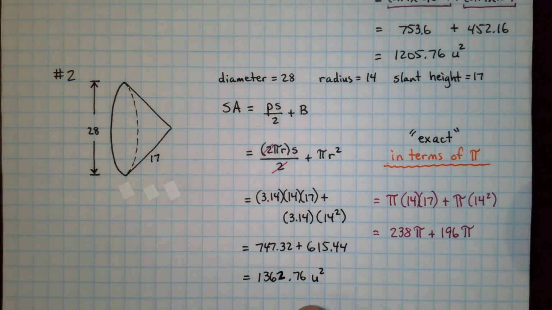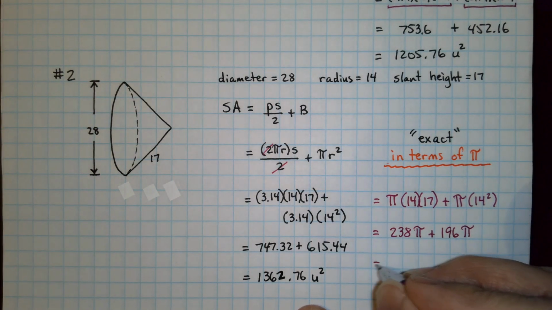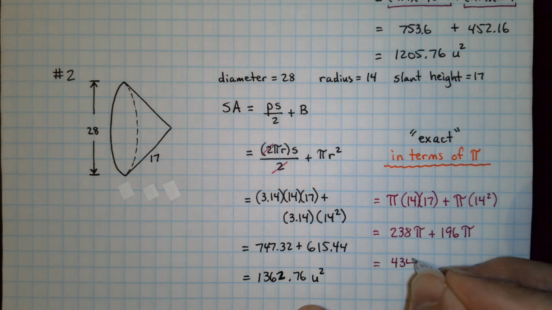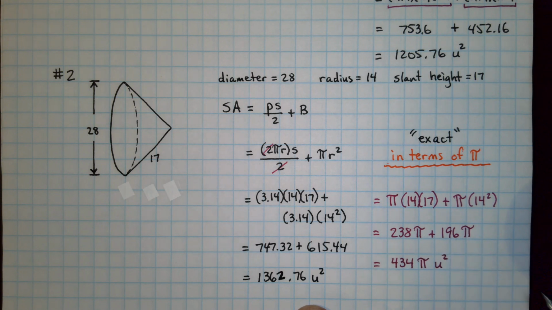Since they both have pi, we can add those together, and we would end up with 434 pi, and it would be square units. But our answer is in terms of pi because it has pi as part of it. We do not put the 3.14 in there. These two values are identical to each other, but they're just written in different ways.